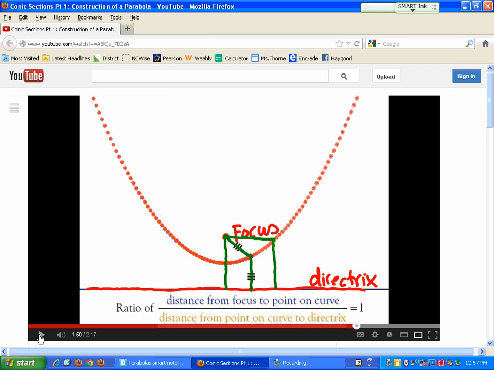And because of that, we know that this point is my vertex. So because this distance and this distance are always equal, we can use the midpoint formula and the distance formula in order to figure out what the equation for the parabola is.